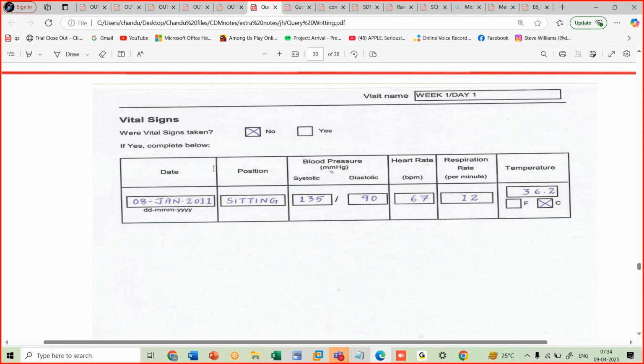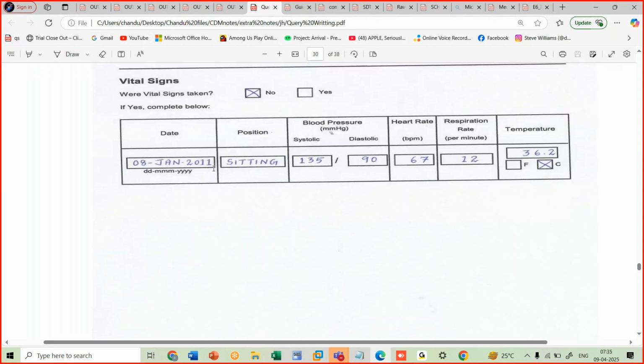On the vital signs, they are collected, but they selected no here. They should have selected yes, right? Because vital signs are already collected on the CRF. So this is invalid data.